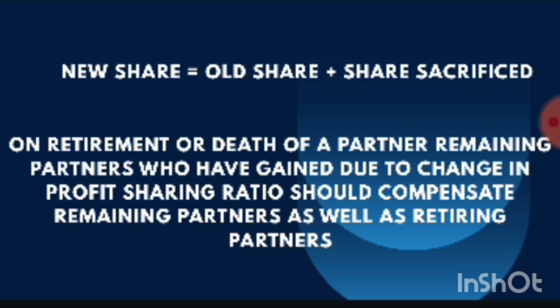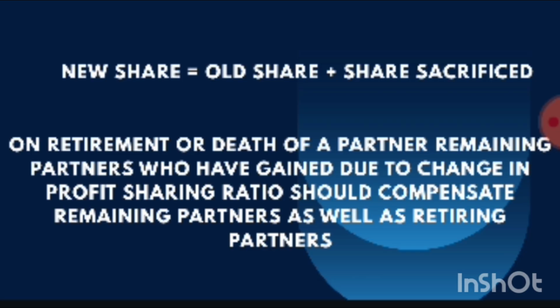Next question: on retirement or death of a partner, remaining partners who have gained due to change in profit sharing ratio should compensate remaining partners as well as retiring partners.